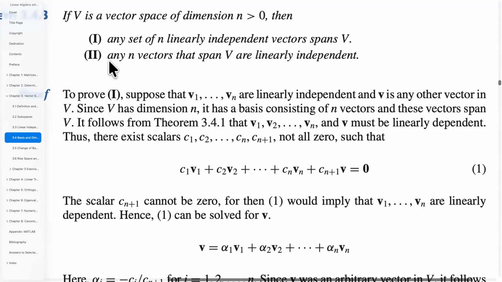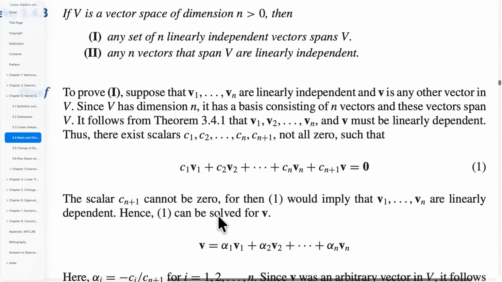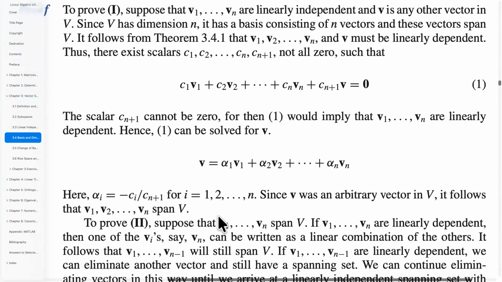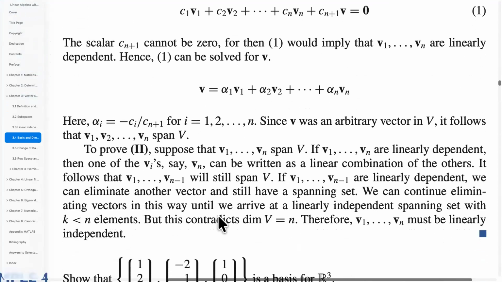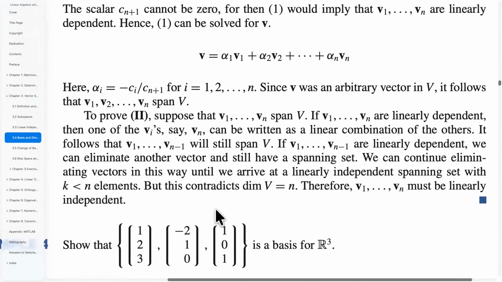The second one: any n vectors that span V are linearly independent. We already know V1 to Vn span V, and we want to show that V1 to Vn are linearly independent. Here we try to prove this by contradiction.